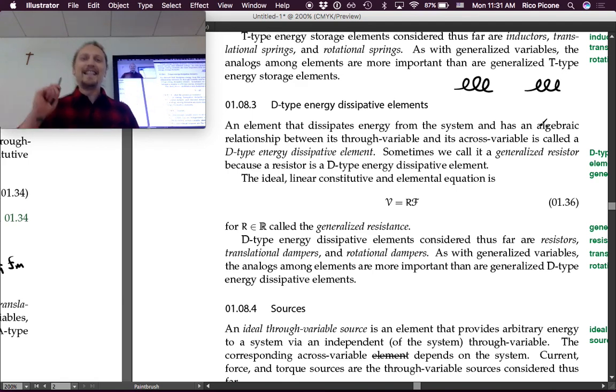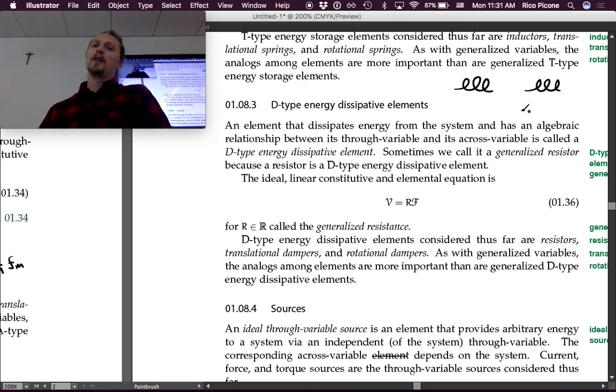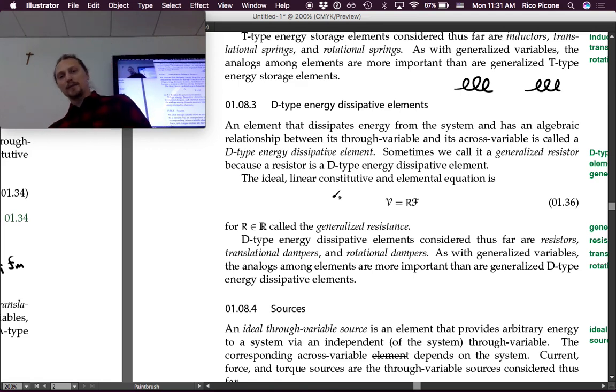Okay, D-type energy dissipative elements. An element that dissipates energy from the system and has an algebraic relationship between its through variable and across variable is called a D-type energy dissipative element. Sometimes we call it a generalized resistor because a resistor is a D-type energy dissipative element.